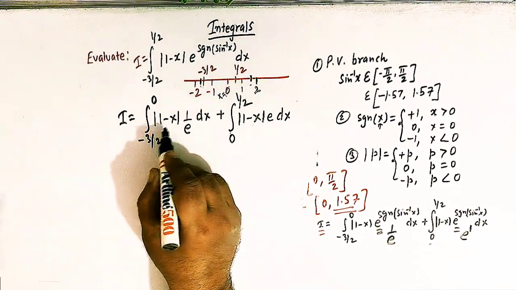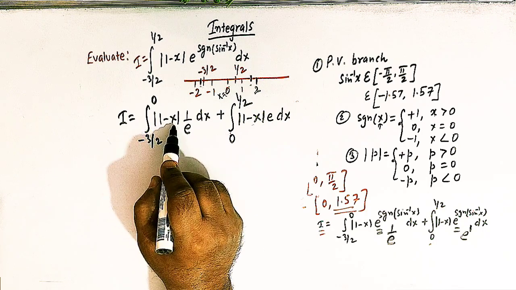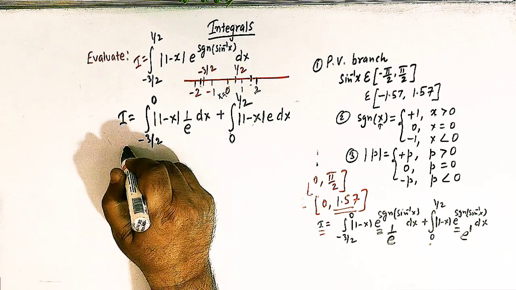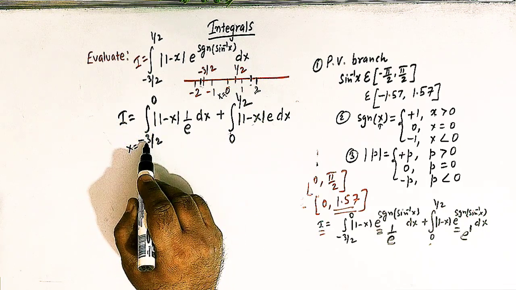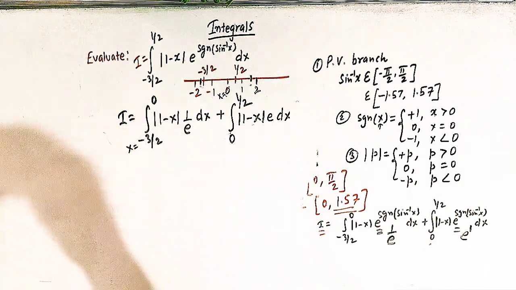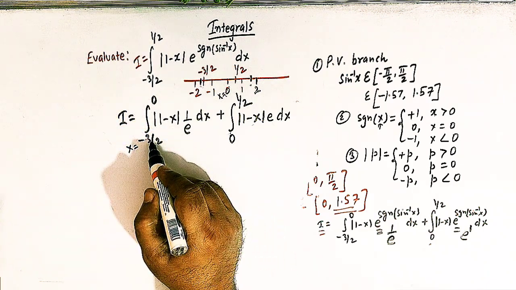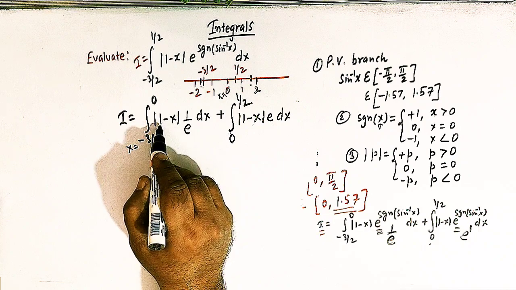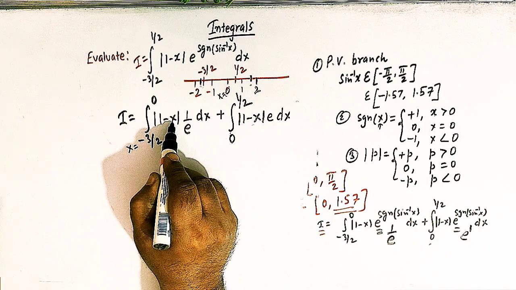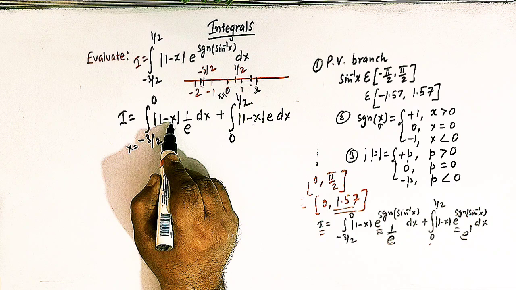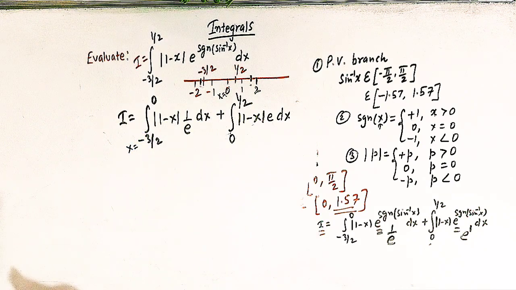Now we have to take care of this mod function. When x goes from minus 3 by 2 to 0, all the values of x are negative, so 1 minus x is always a positive quantity.